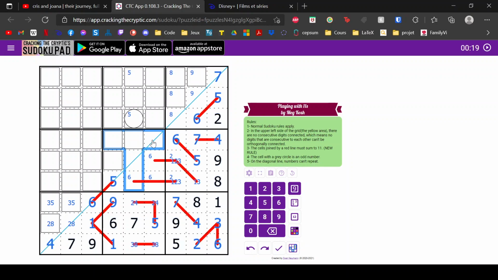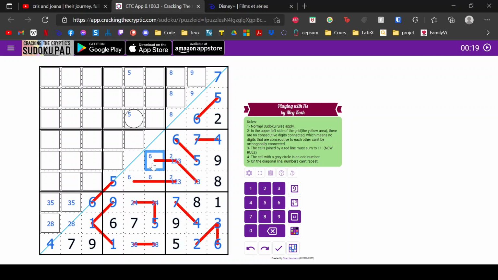The 7 can be there. Okay, yes, I remember now. Okay, so these two add up to either 3, 4, or 5.